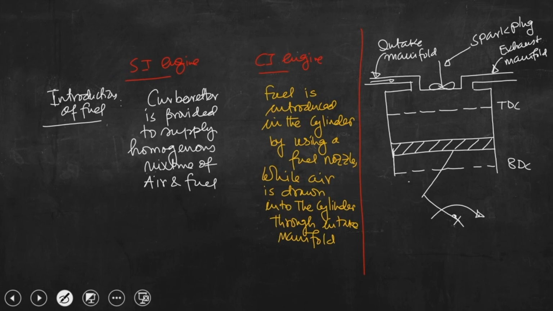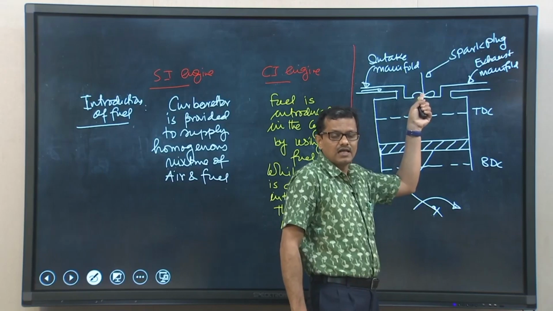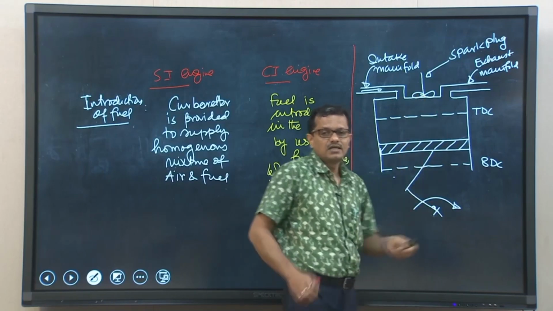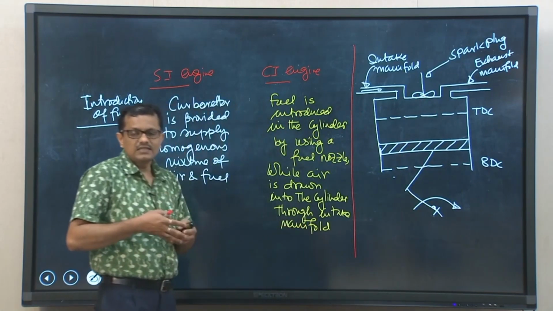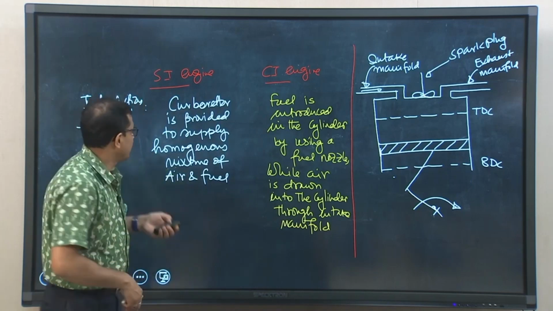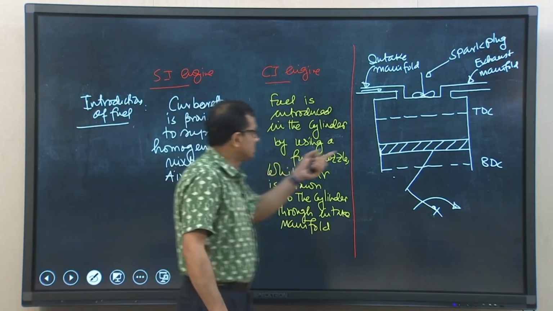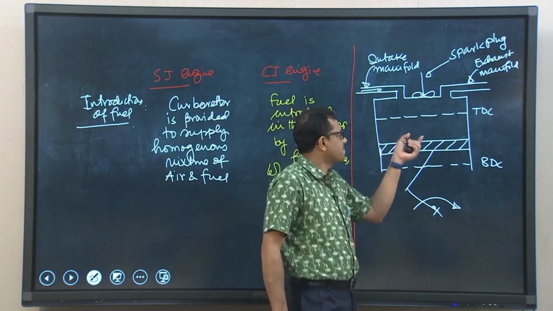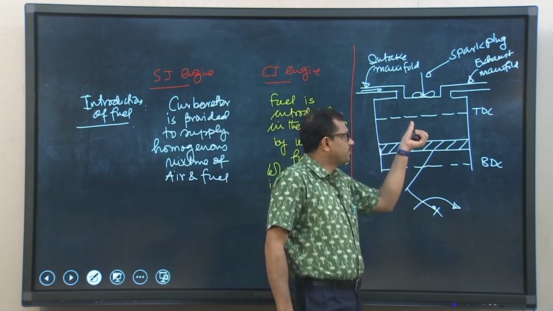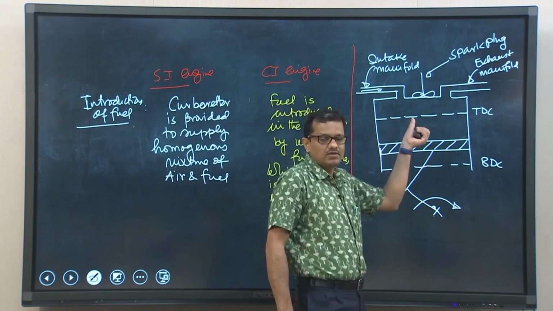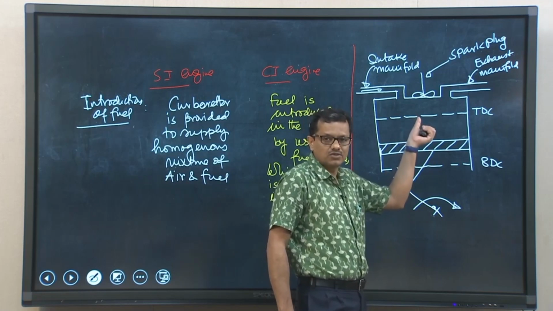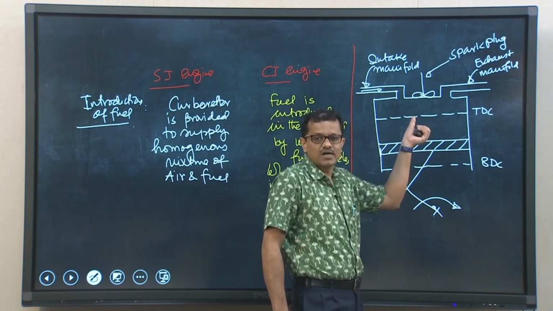So, the spark is initiated by the spark plug and that spark initiates combustion, while for the CI engines we have discussed the pressure and temperature at the end of the compression stroke. Pressure and temperature of what?